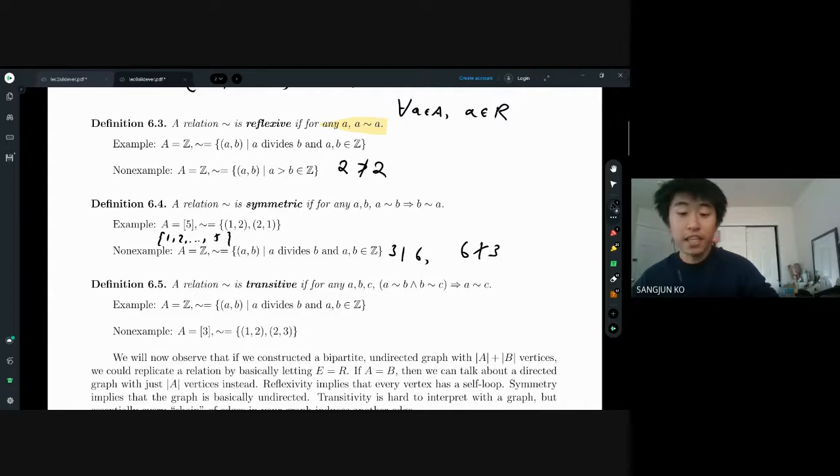If a divides b and b divides c, then a divides c. This is something you can easily check. And as a non-example, this example is not transitive because 1 is related to 2 and 2 is related to 3, but 1 is not related to 3.